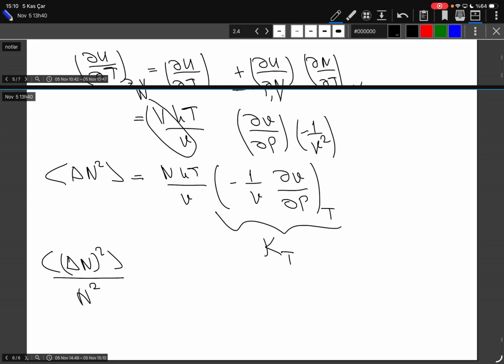If I look at the relative fluctuations, it goes as 1 over n kT over v times the compressibility at constant temperature. It seems as if we take the limit n goes to infinity, this goes to 0. And hence the fluctuations are negligible.